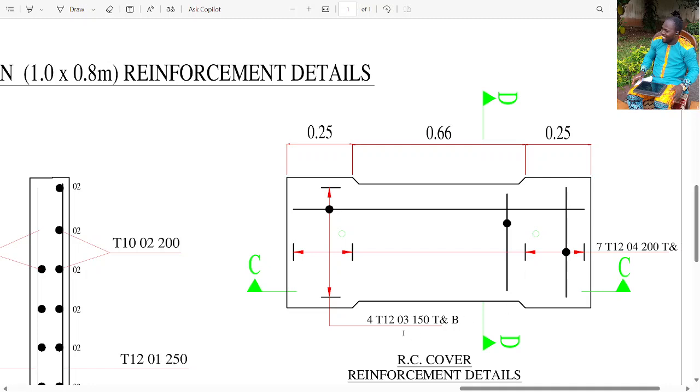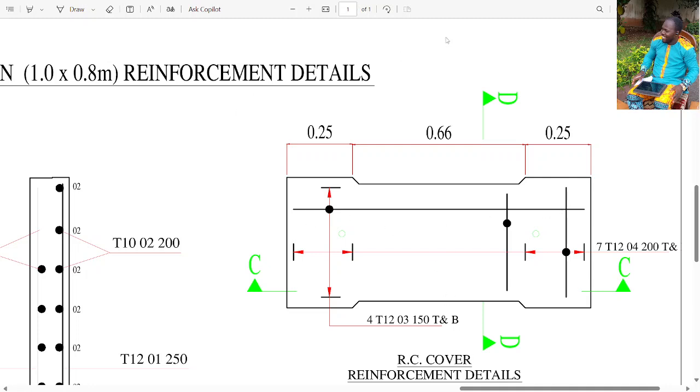The horizontal is 4012, which is this, while the vertical is 7012. If you see my reinforcement, look at where this arrow is stopping; it's on this horizontal element.